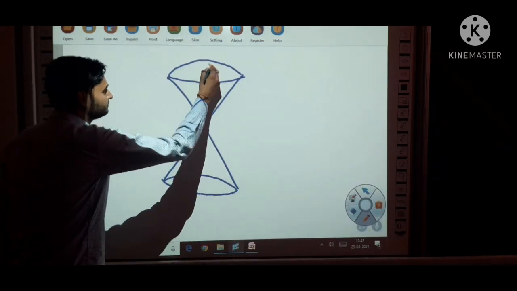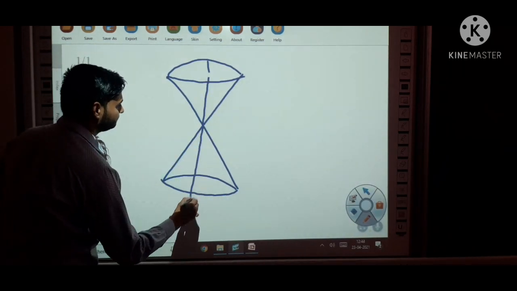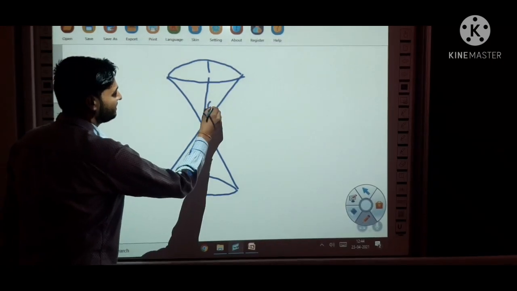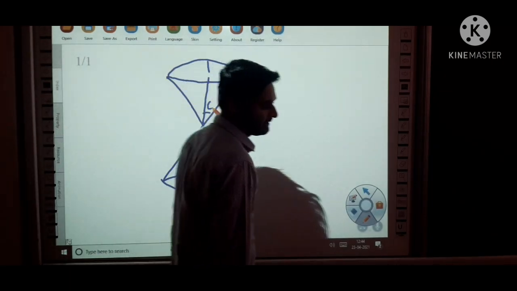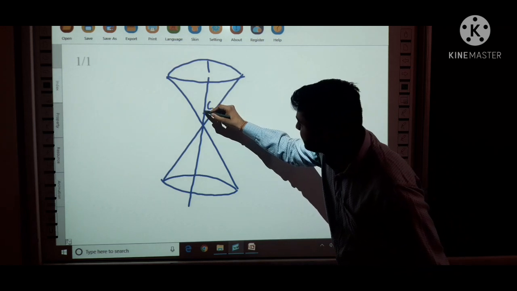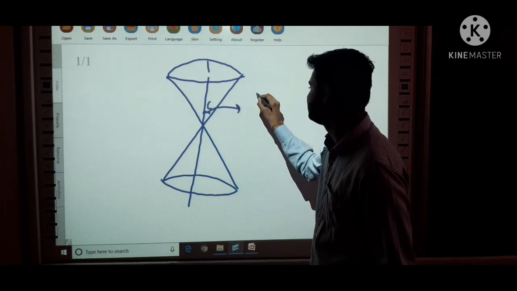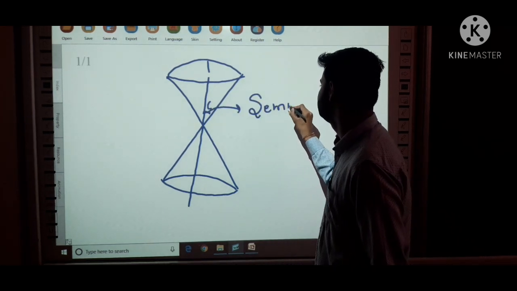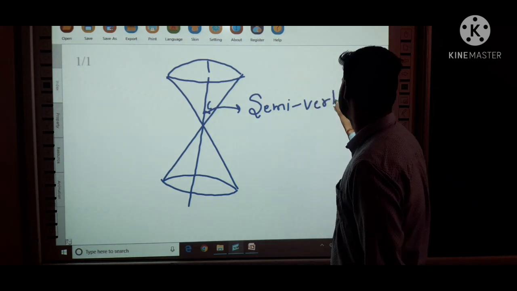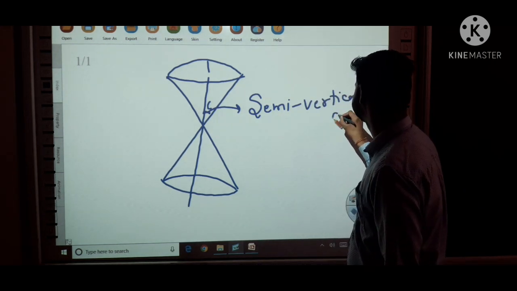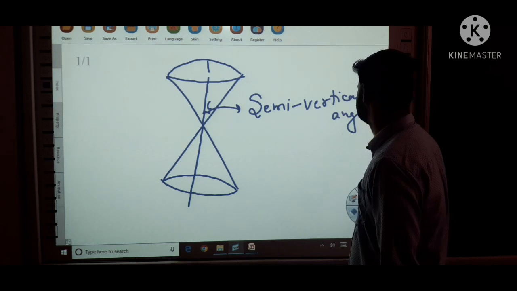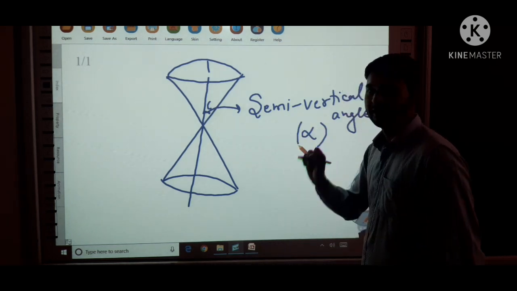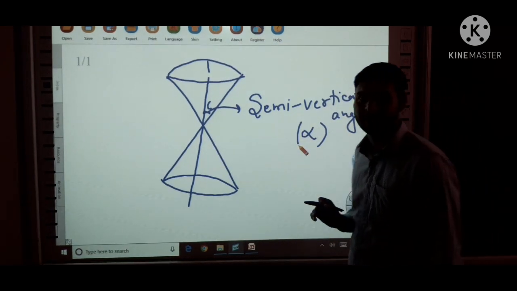Here, this is the semi-vertical angle and this angle is known as semi-vertical angle. We will represent the semi-vertical angle by alpha.